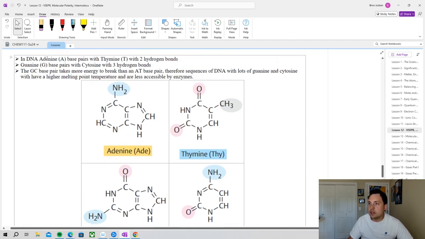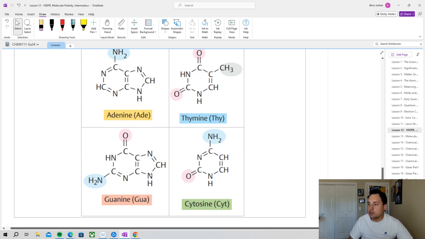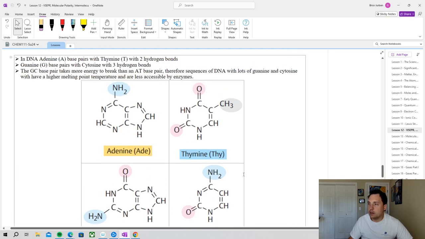And in DNA, adenine, this base, will pair with thymine because there's 2 spots that there can be a hydrogen bond. And then guanine, this base here, will base pair with cytosine, and there's 3 spots you can get hydrogen bonding.